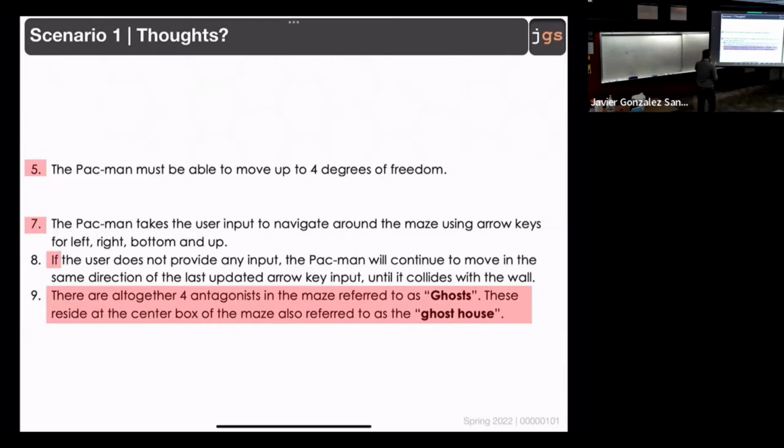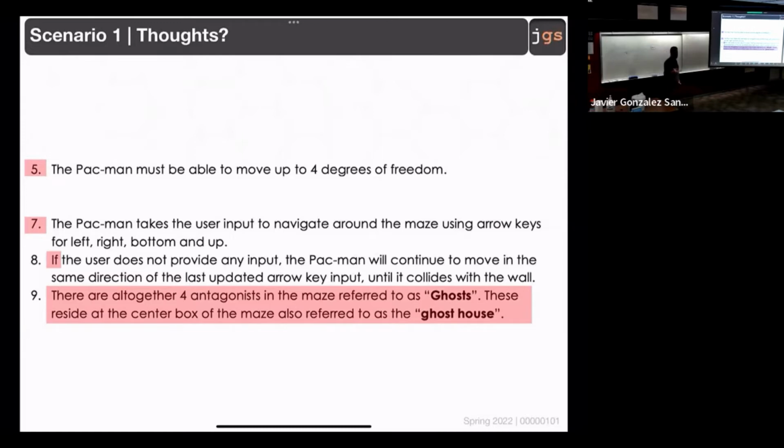Let me tell you what is wrong here. You know Pac-Man, right? If you tell me number 9, it is hard to understand. What you are trying to tell me is 2 things. On the one side, for the first time, you're introducing the ghost.